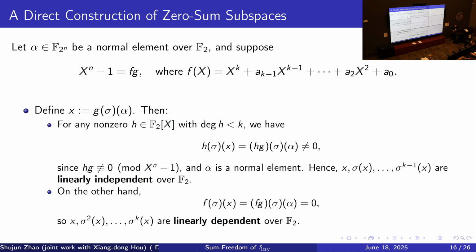We evaluate at alpha, and we get the x. And we can show that the conjugates of such x are linearly independent over F2. And also, this set is linearly dependent over F2, so all the conjugates x, x to sigma, x to sigma square, up to sigma k of x, will give you a basis of a zero-sum subspace.